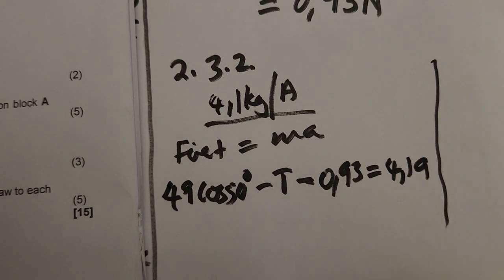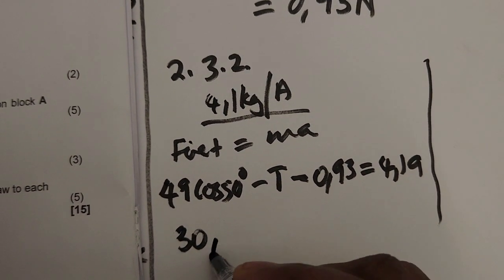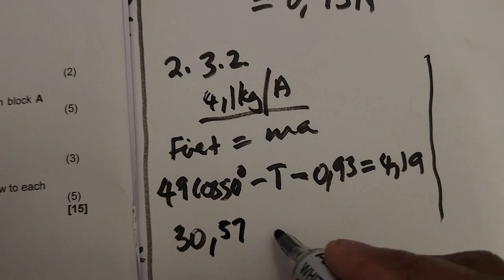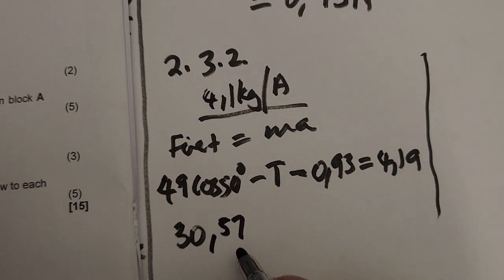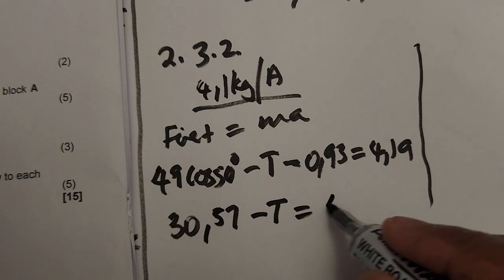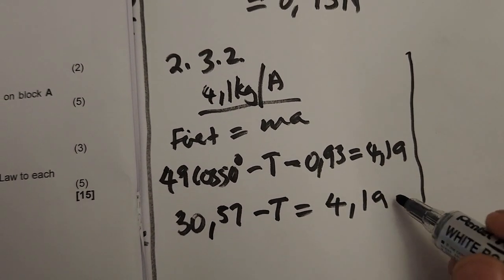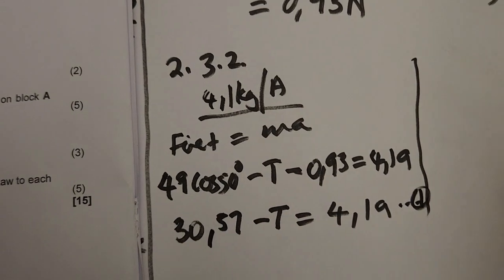And then from here I can simplify it to say it will be 30.57 if you use your calculator, the difference between the two, and then minus T equals to 4.1a. That's my first equation. I can call it equation 1, no problem.